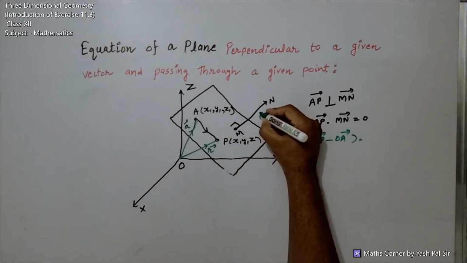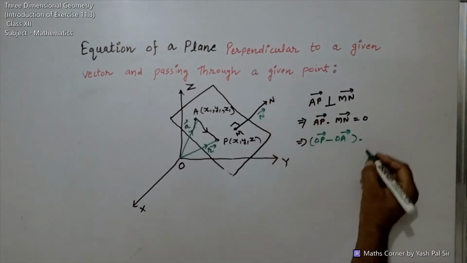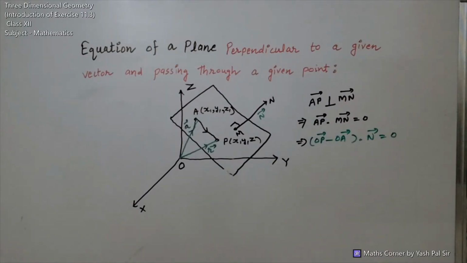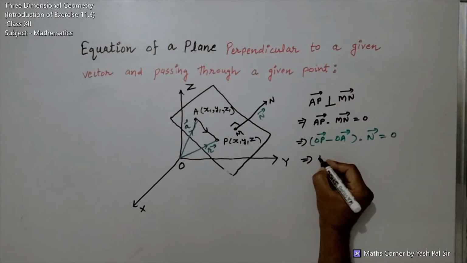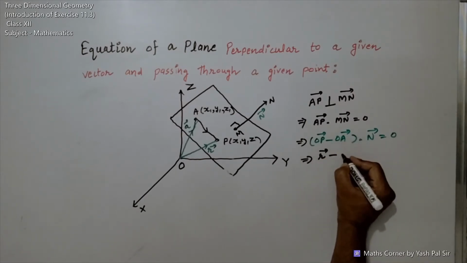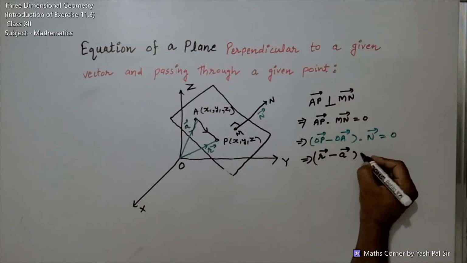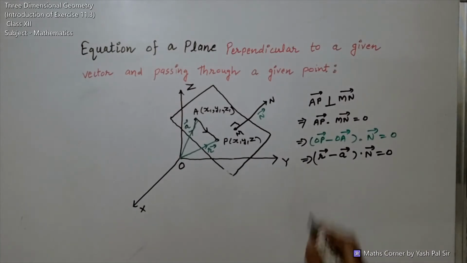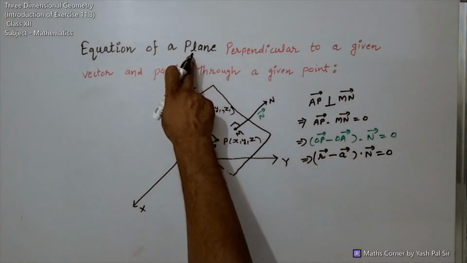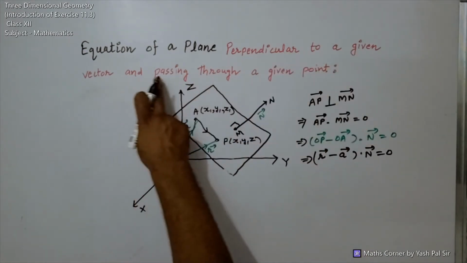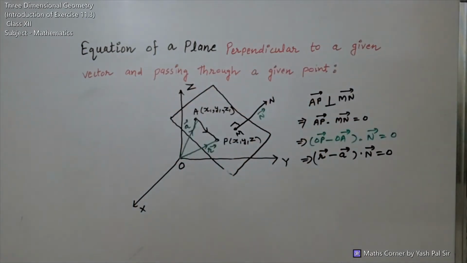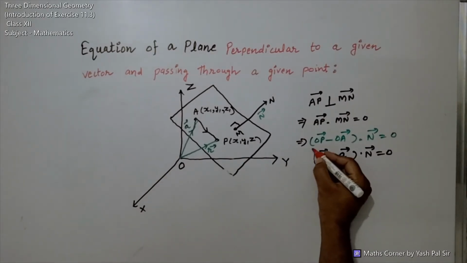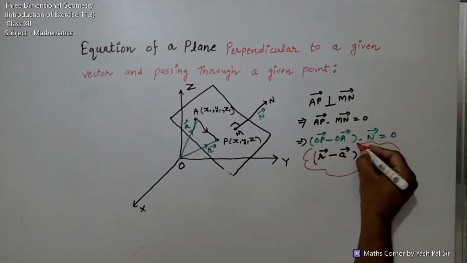Suppose this is n vector, is equal to 0. This way we have OP, meaning vector R, minus OA, meaning vector A, dot n vector is equal to 0. So this is the vector equation of the plane perpendicular to a given vector and passing through a given point. So we can say this equation is the vector form.